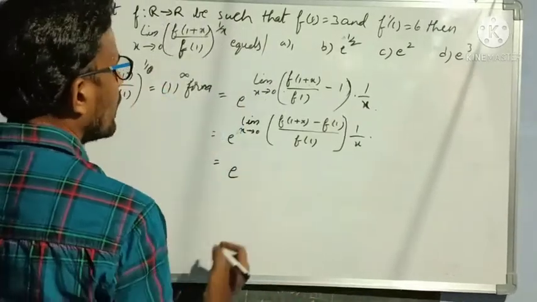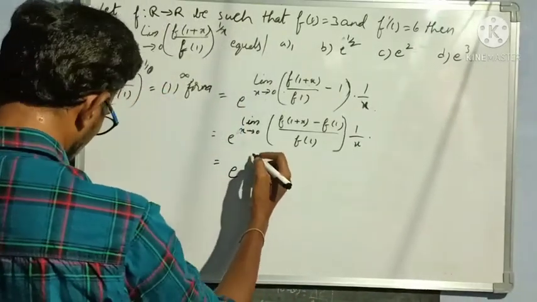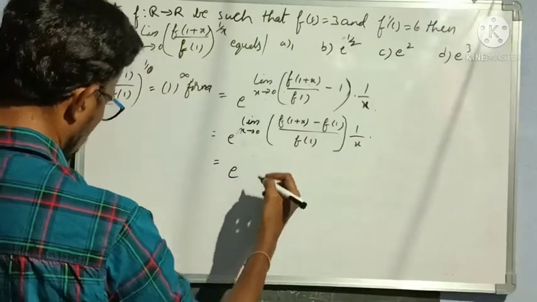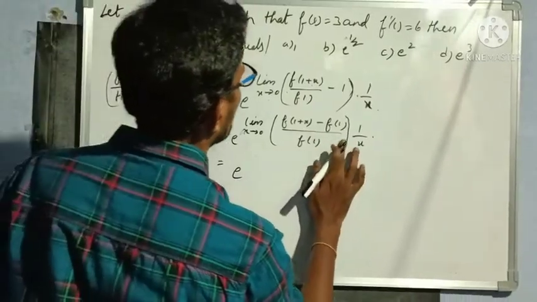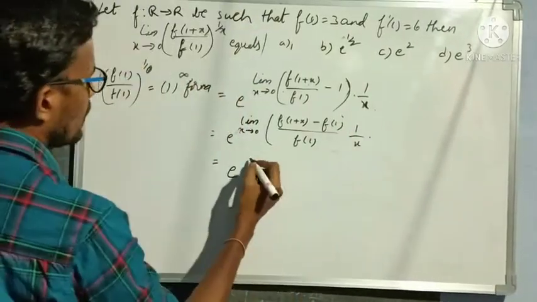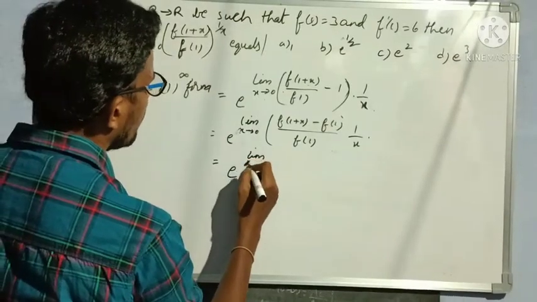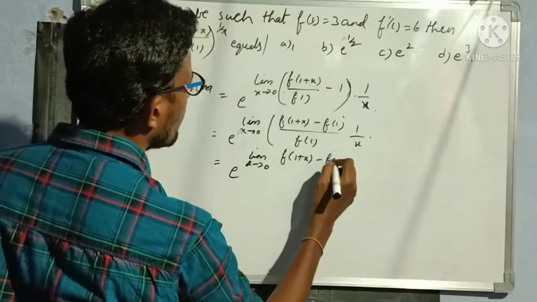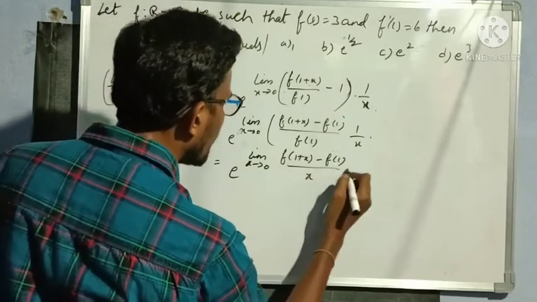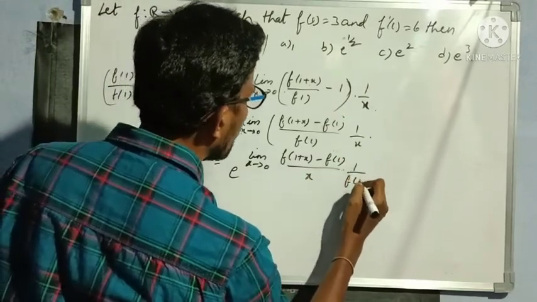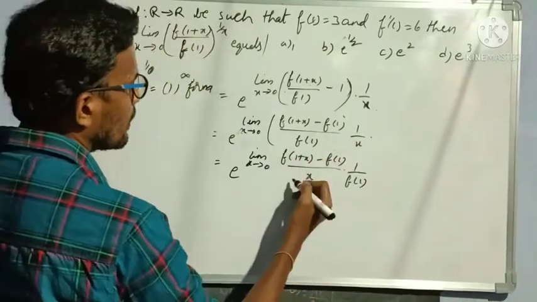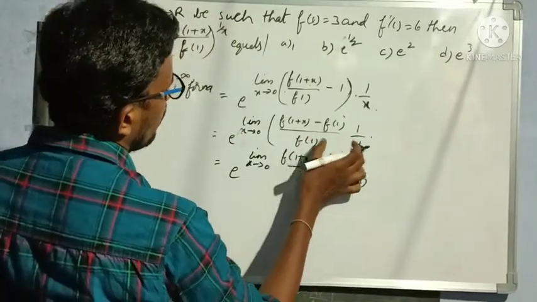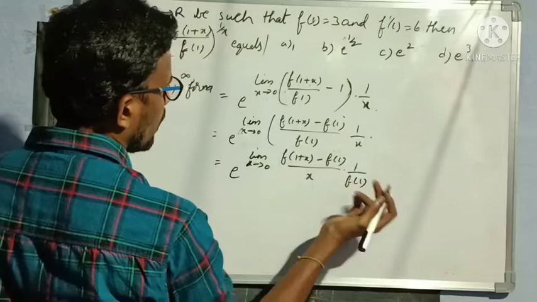So e power limit x tends to 0 f of 1 plus x minus f of 1 by x into 1 by f of 1. Can I write like this? Can I interchange x here and f of 1 there? Multiplication, I can write a into b or b into a, both are same.